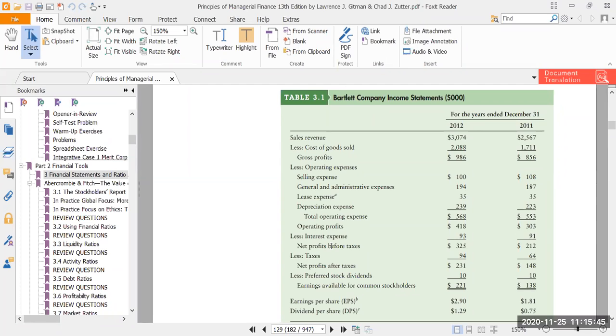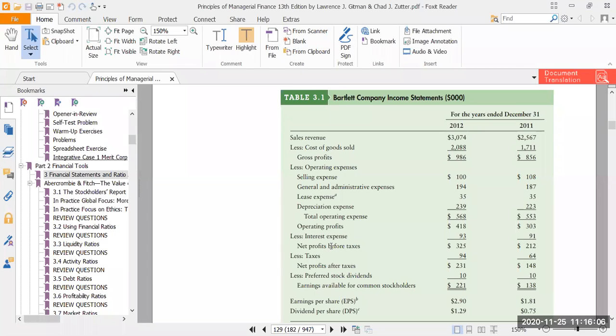If it is not available, then the preferred stock dividends can be omitted from this income statement. So this is the earning for the last year, the figure for 2012. It is given as $221,000, which is available for the common stockholders.